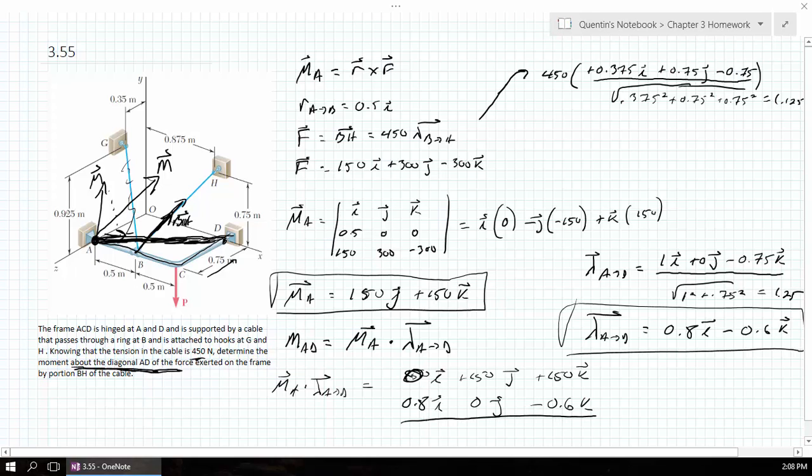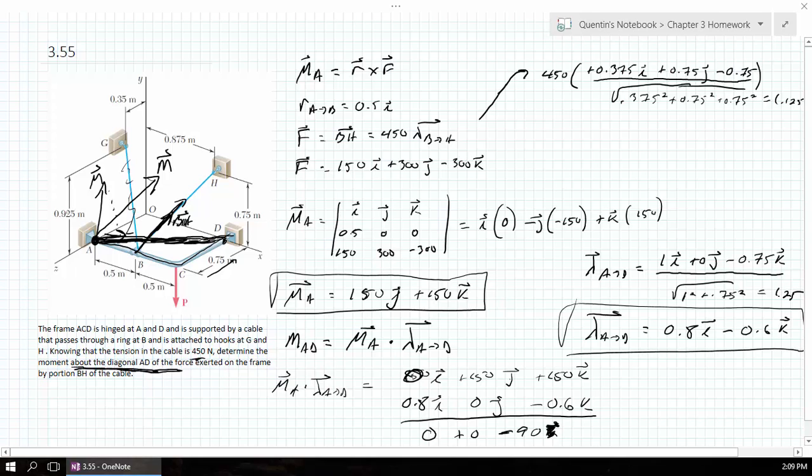So then 0 times this is 0, this times this is plus 0, and you end up with 90 in the K direction. Sorry, I forgot a negative sign. Minus 90 in the K. Sorry, not in the K, because I dot I is 1, J dot J is 1, K dot K is 1.